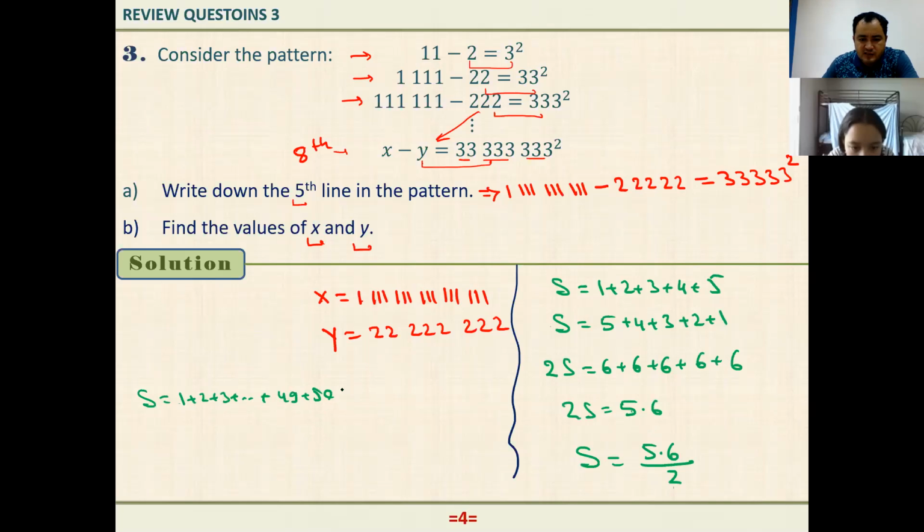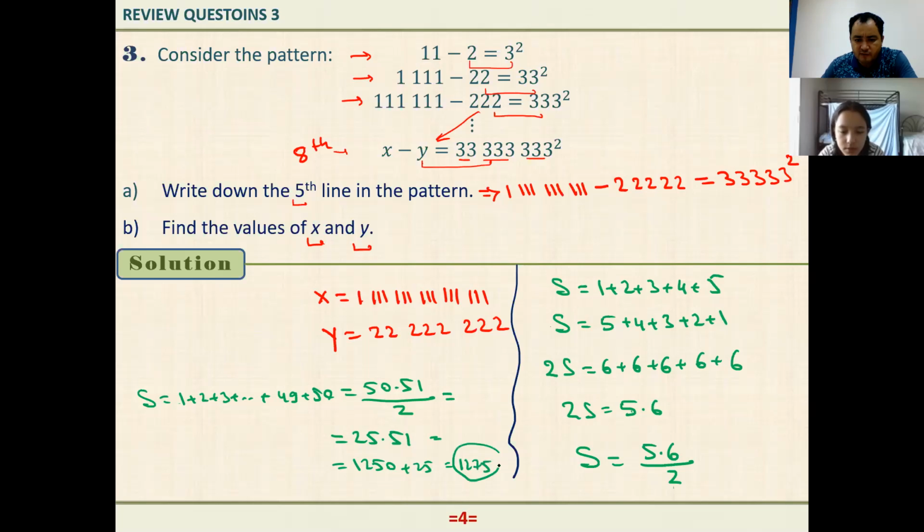Using this formula again, it's equal to 50 times 51 over 2, which is 50 over 2, that is 25, times 51. We can just multiply this: 5 times 25 is 125, plus 25, that's equal to 1275.